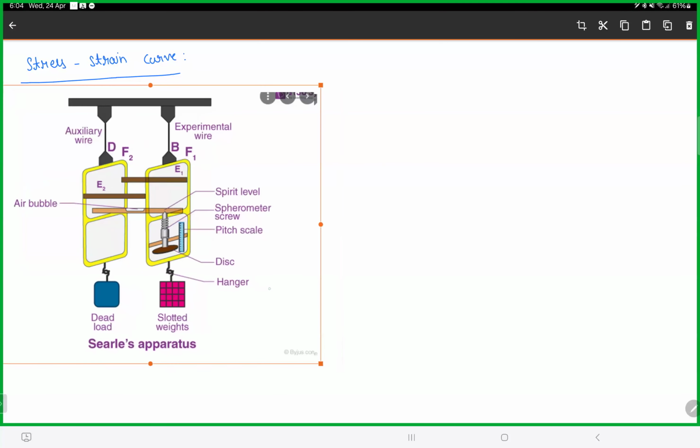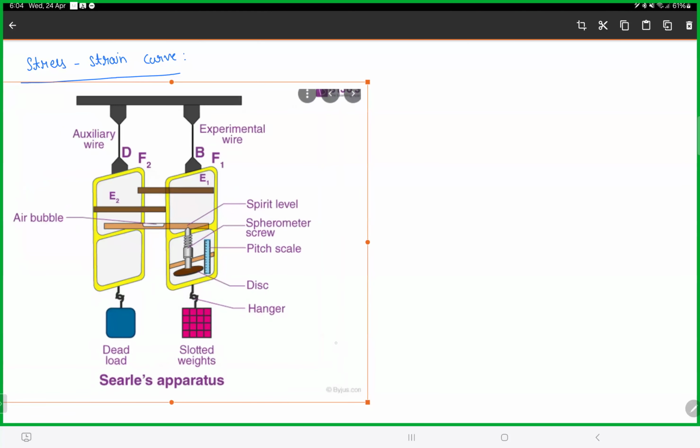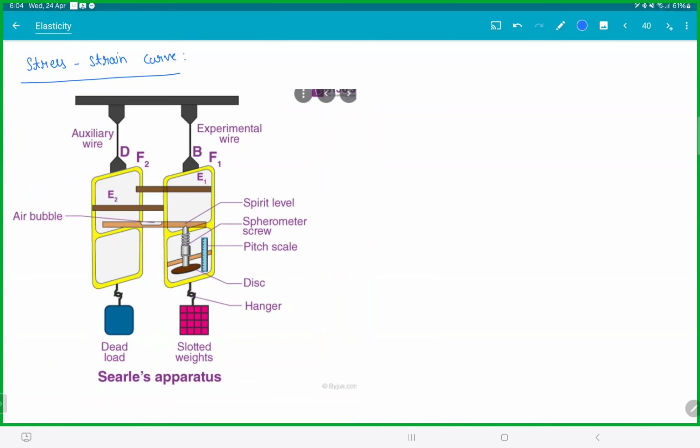So this is an experiment called Searle's apparatus. The idea is pretty simple, but you should know the name. They will suddenly say in a Searle's apparatus experiment, blah, blah, blah. You guys will get confused what the hell is happening.